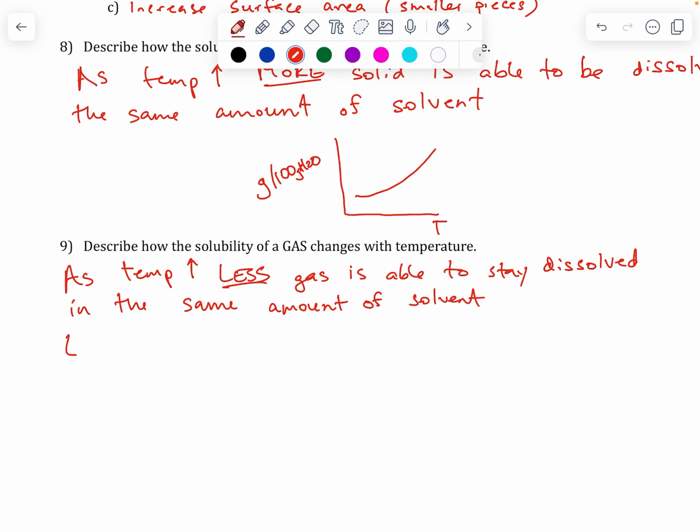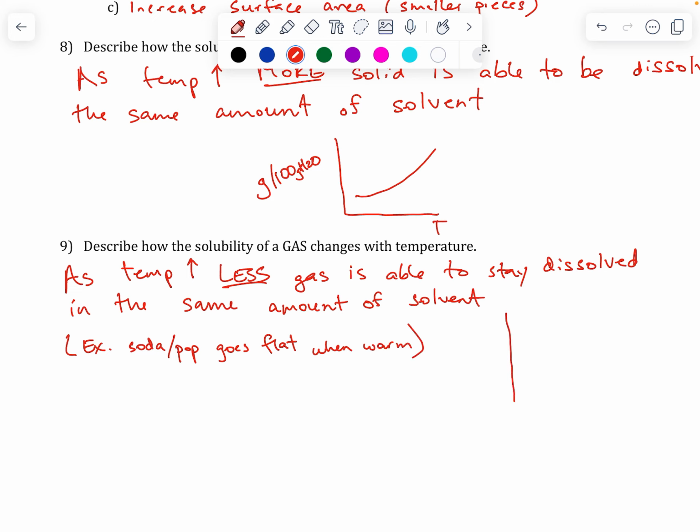The example that I like to use for how this looks in real life is soda or pop, whatever you want to call it. Soda pop goes flat when warm. That's the idea behind this.